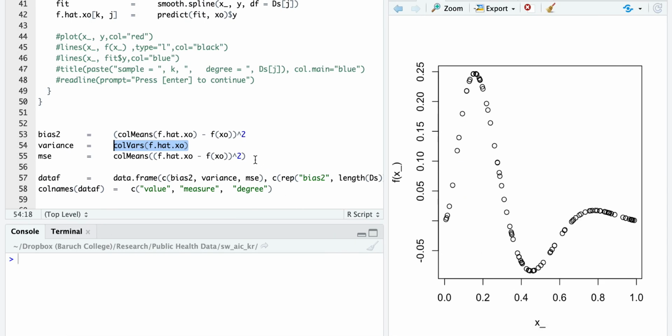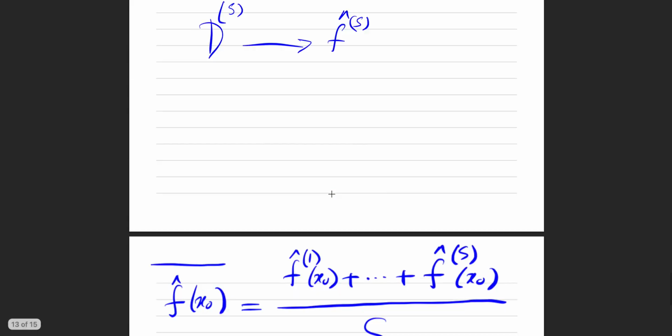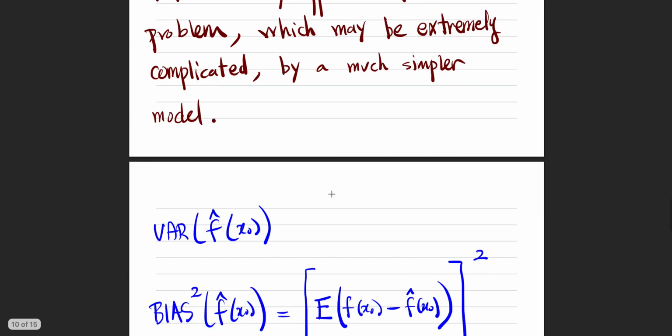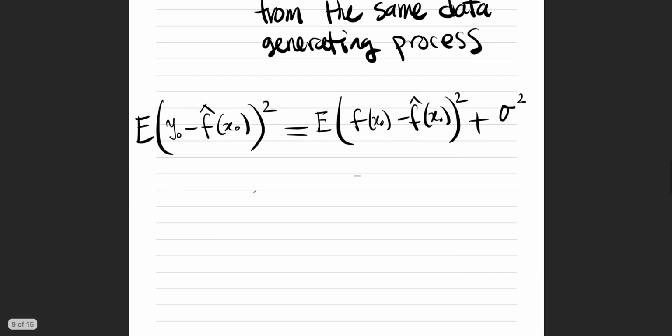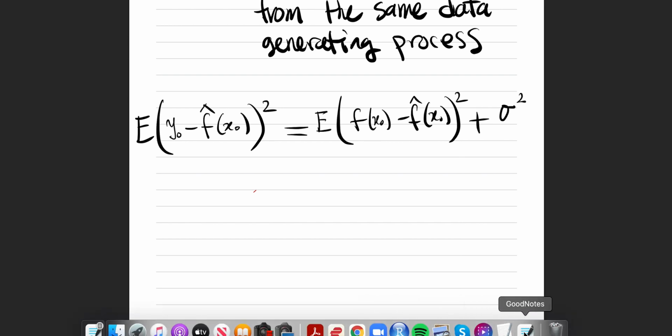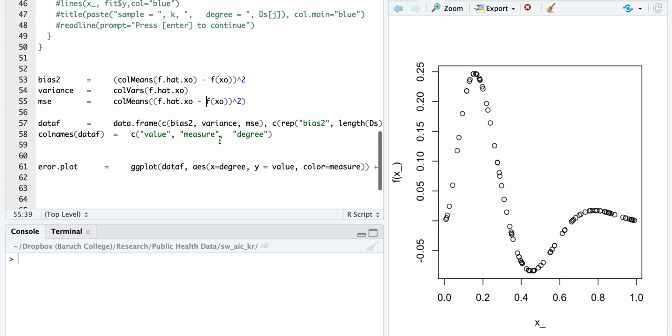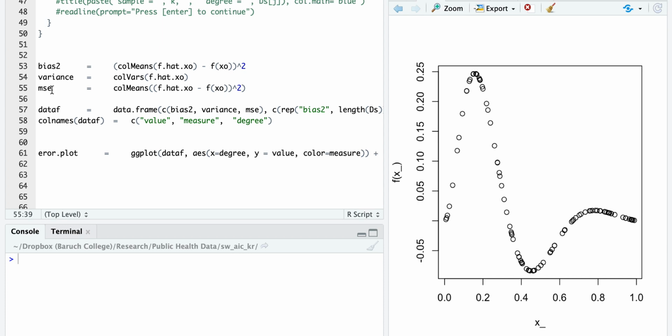Okay, and then we have the mean squared error, which is just column means between the true f and the estimate. It's this quantity. This is the expectation. We look at the sample mean of this quantity. So that's the MSE. Okay, so we have the bias squared, variance, MSE.